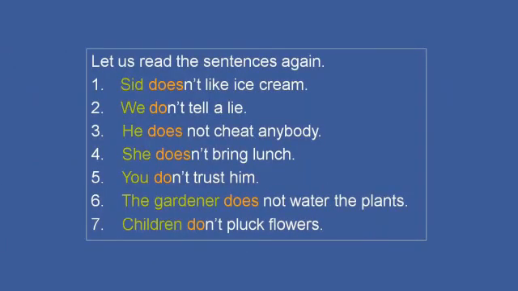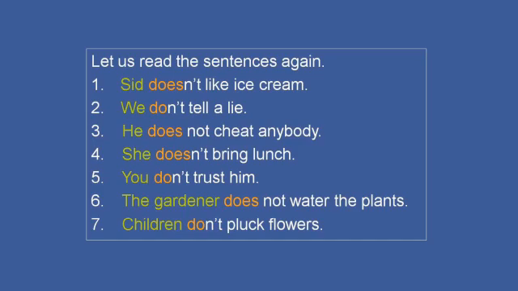Let us read the sentences again. Sid doesn't like ice cream. In this sentence, subject is Sid, which is a singular noun, so we use does with it. We don't tell a lie. Here, subject is we, so we use do with it.